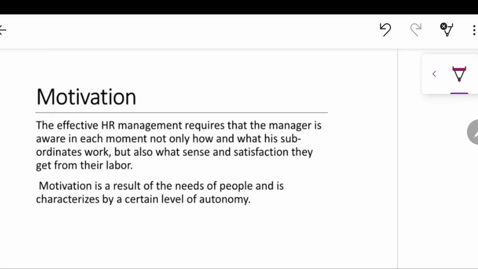Alright, now motivation. A manager needs to know how to motivate his team. The effective manager requires that the manager is aware in each moment not only what his subordinates, what his team wants, but also what sense and satisfaction they get.